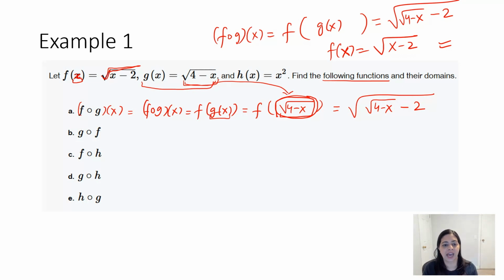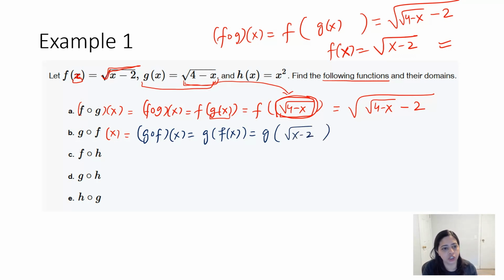Alright, if you understand the first example, we should be good to do the next one, g of f(x). It's a composition of the same two functions but in a different order. In this case, you first apply the definition of f. So g is the outer function, f is the inner function, and f(x) is the square root of x minus 2.